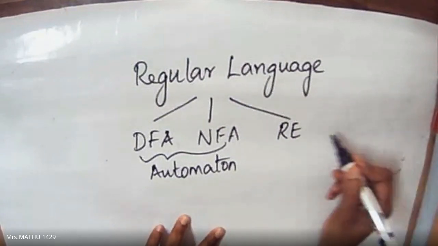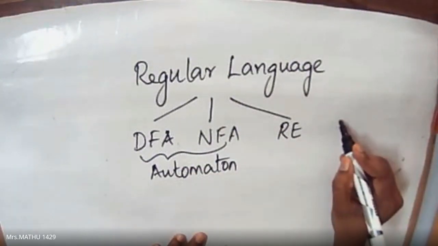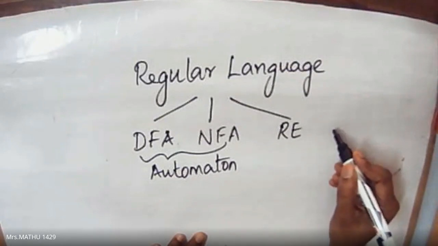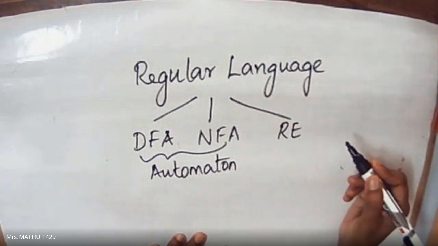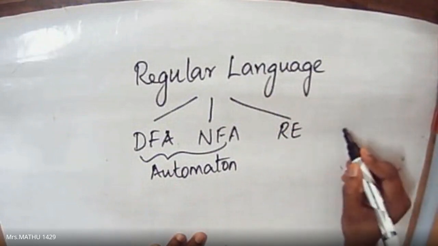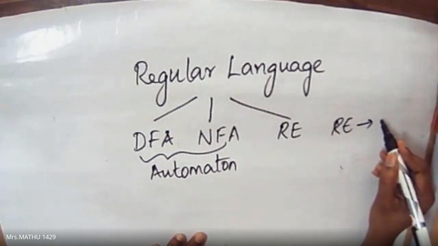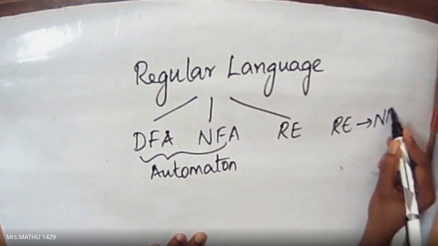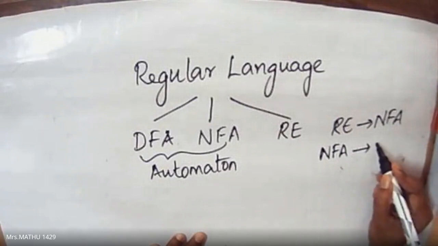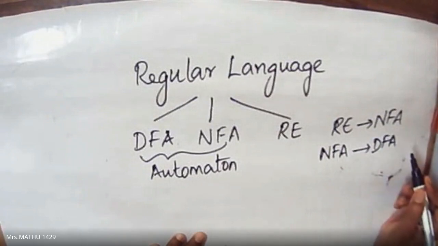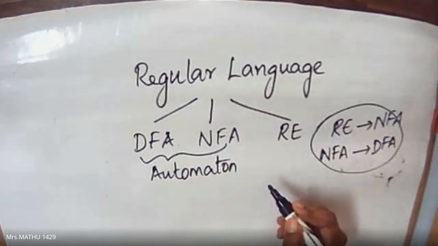After studying DFA and NFA, we will also give you the equivalence of all those things, because all these representations represent the same regular language. We'll be able to create an equivalent NFA for a given regular expression, and when an NFA is given, we'll be able to convert it into a DFA. These things we will also study after this.